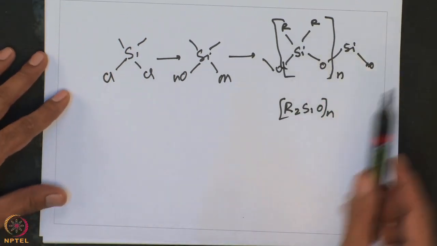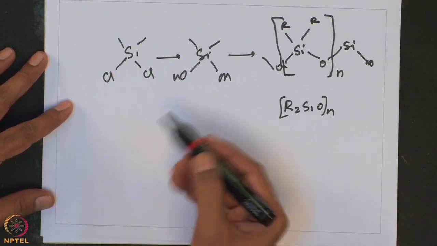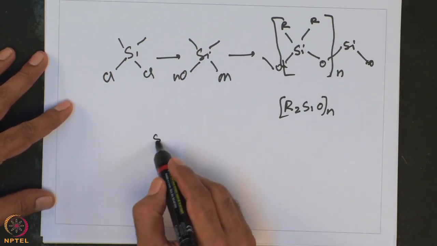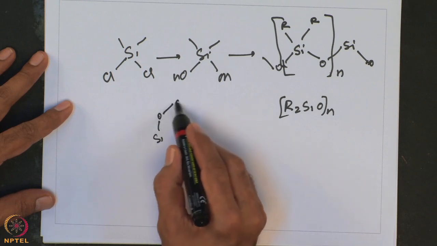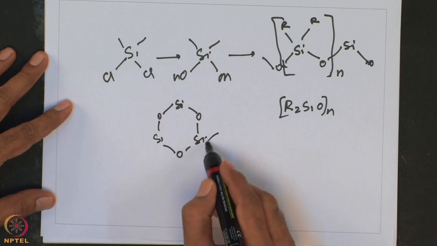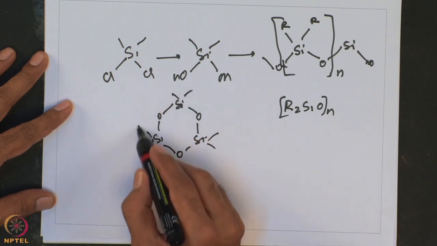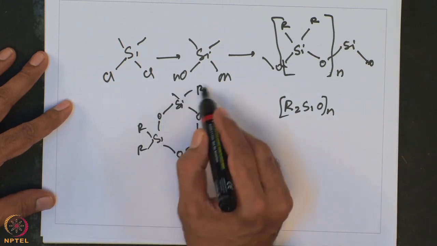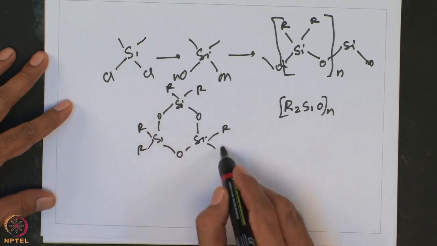And here of course, this can also go like this, or if it condenses in a different fashion, one can also think of a cyclic one. This is an R group here.